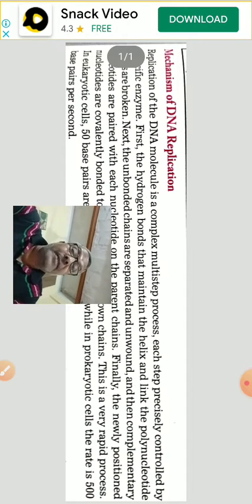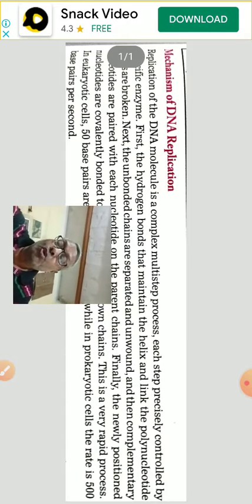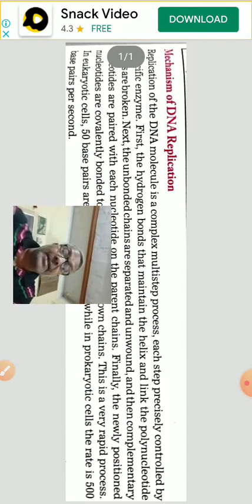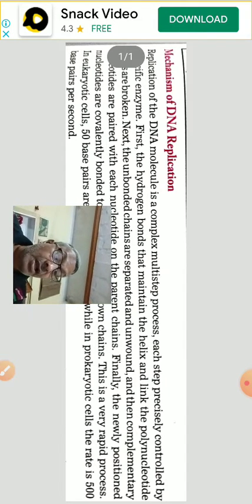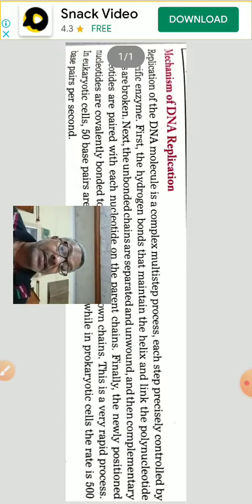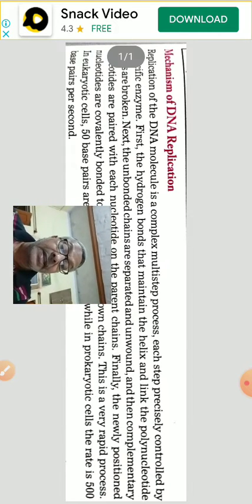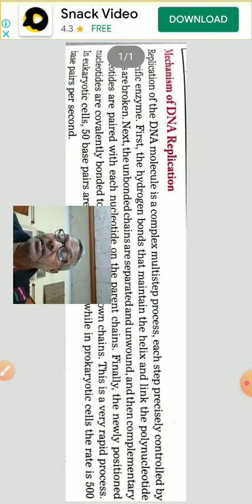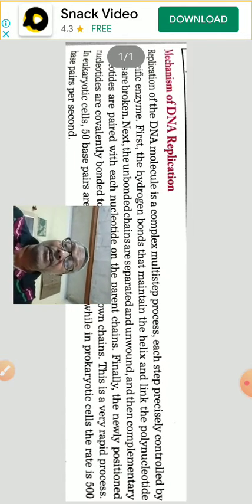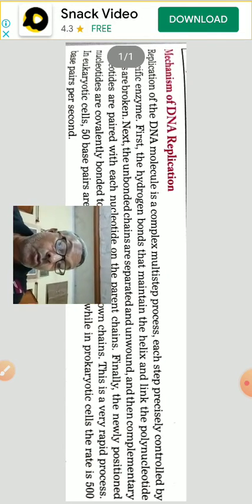So the first step in the mechanism of DNA replication is origination of replication, or origin of replication. Replication begins at the initiation site. The initiation site is called the origin.